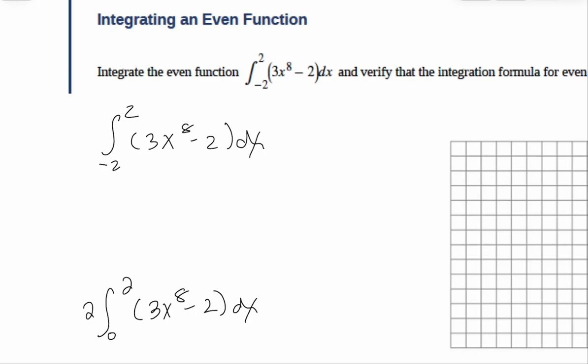Think about our integration rules. We are going to go from the antiderivative, 3x to the 9th over 9 minus 2x, from -2 to +2.